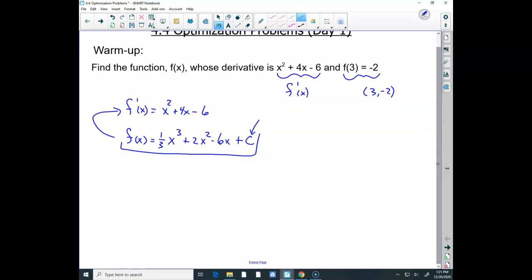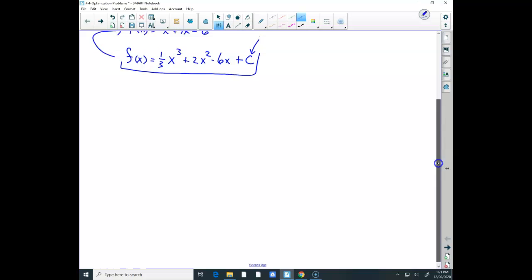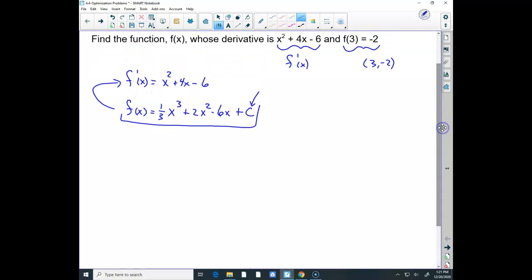Well, then all we do is come back and ask, what is c in this case? I know y is negative 2, and I know that negative 2 comes from when I plug 3 in, and I find that c.